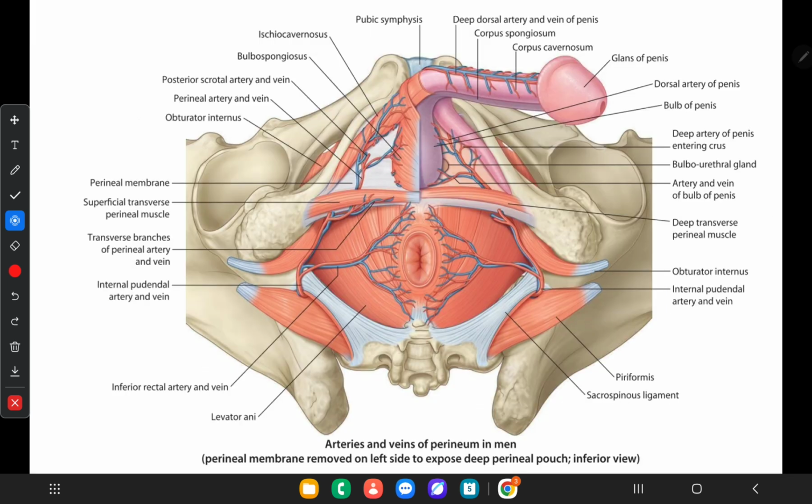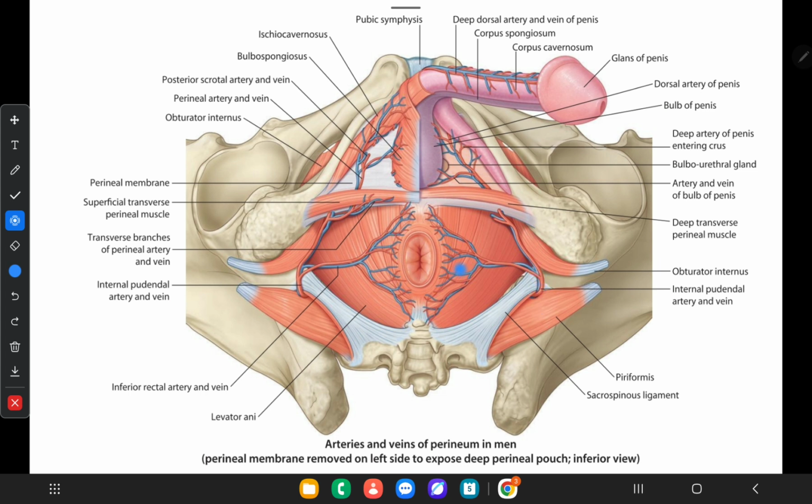Now we'll see the blood supply in males, the deep perineal pouch and the superficial perineal pouch. Here you can see the internal pudendal artery coming here. Internal pudendal artery. We'll take another color. Okay. Hope you are clear with this. This is the internal pudendal artery. Here, artery and vein both are at the same level.